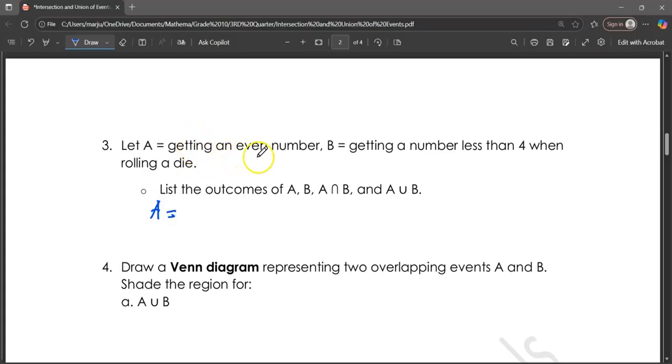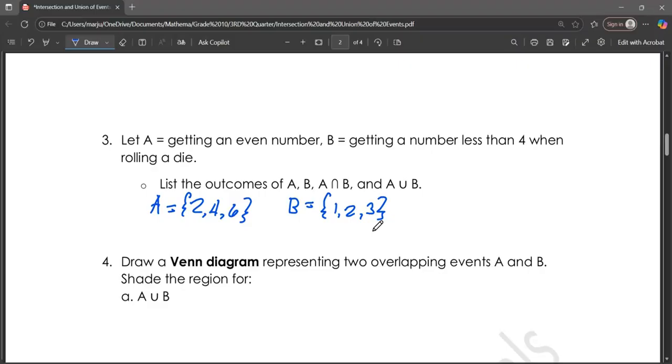A is getting an even number when we are rolling a die. What are the even numbers when we roll a die? Possible will be 2, 4, and of course 6. What about our B? B is getting a number less than 4. So a number less than 4 could be 1, 2, and of course 3.